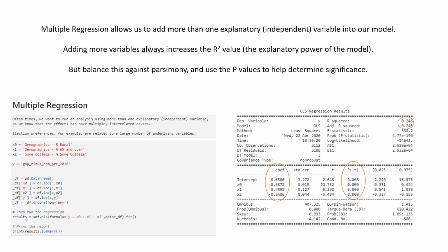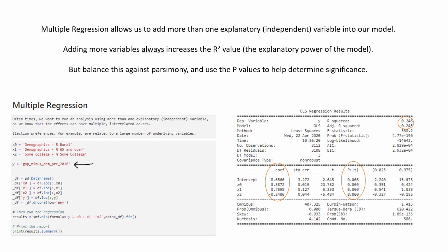So the idea here is we're interested in a particular phenomenon. In this case, we're looking at some election data that we've brought in. The full code to this is again online with the class notebooks. Our dependent variable is our Y variable.